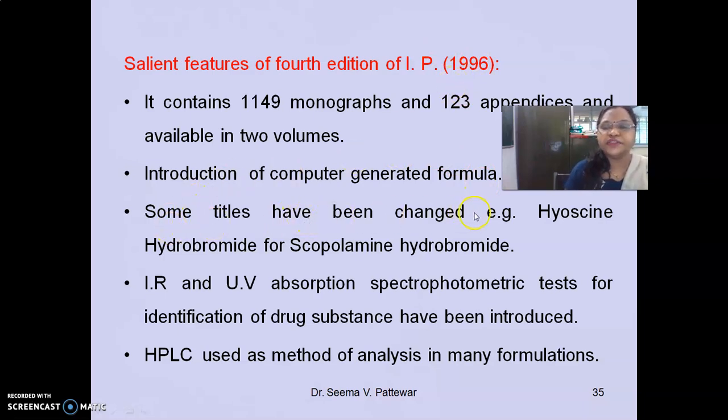Some titles have been changed, that is hyoscine hydrobromide can be called scopolamine hydrobromide and vice versa. Then IR and UV absorption spectrometric tests for identification of drug substances have been introduced. Means new UV and IR techniques have been introduced for the analysis of different tablets or drug molecules. HPLC is used as a method of analysis in many formulations.